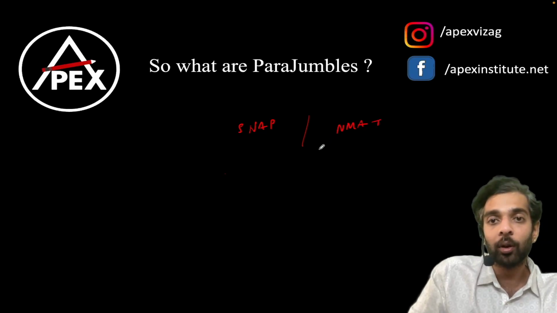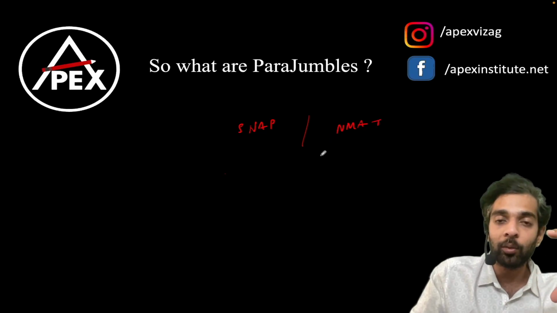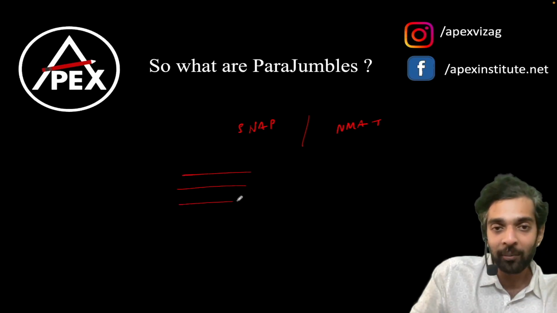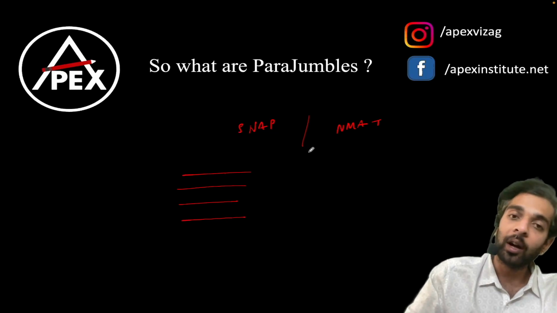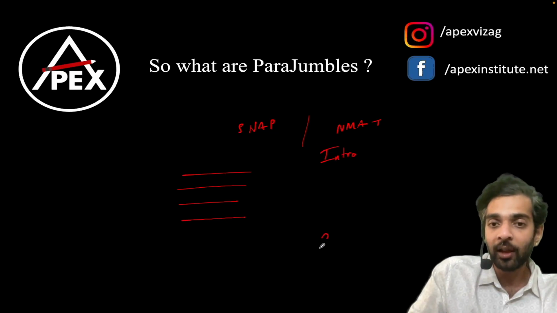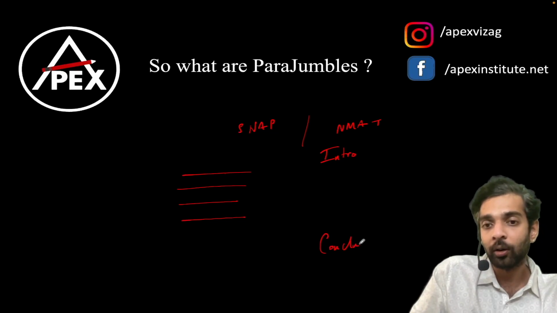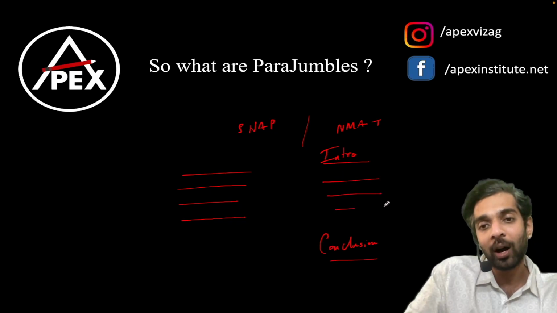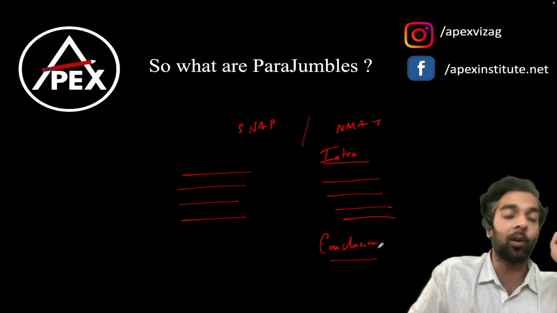So these two exams sometimes give you two different types of parajumbles. One could be the same type that we discussed right now. The other one is that they would fix an introduction and a conclusion, and once these two sentences are fixed, you have 4 other sentences for you to place in an order.